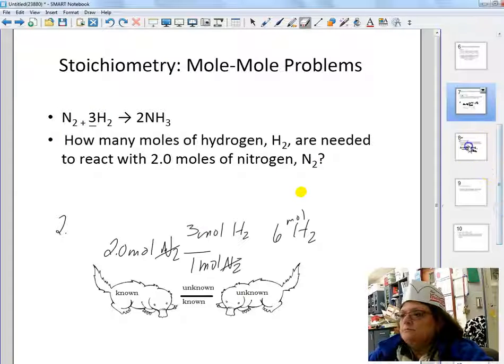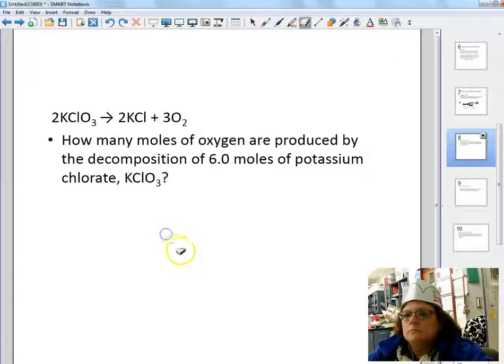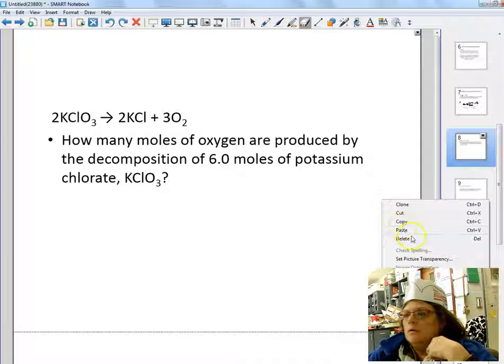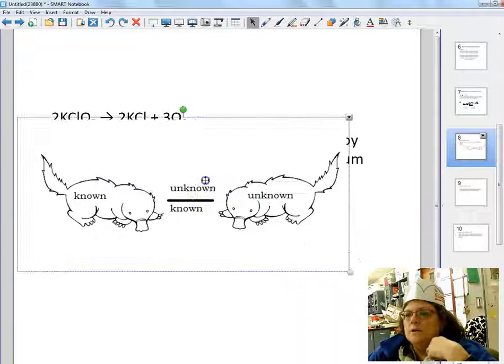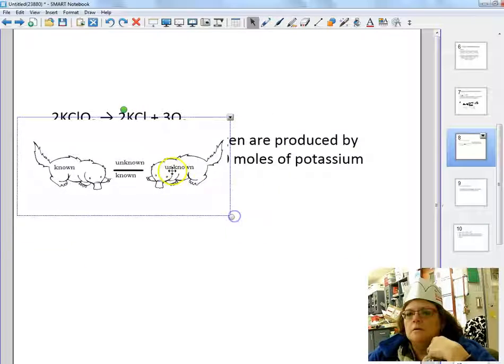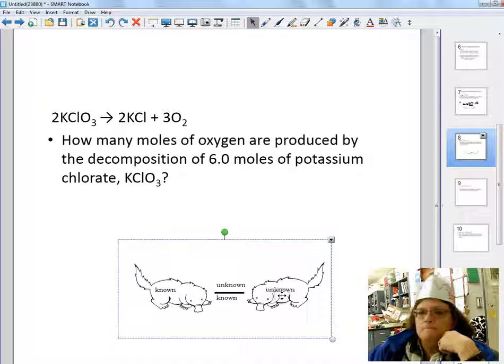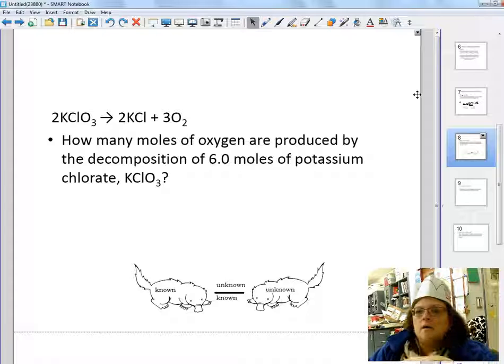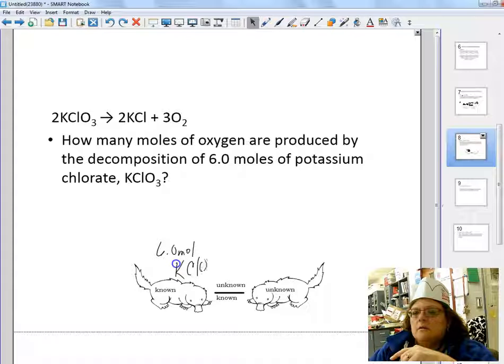Let's try another one. Once again, I'm going to bring our little mole bridge in. Make him a little smaller. What's my known information? I know that I have 6 moles of potassium chlorate. My ratio of potassium chlorate to oxygen is 2 to 3. What goes on the bottom?